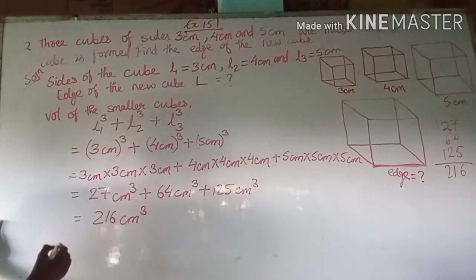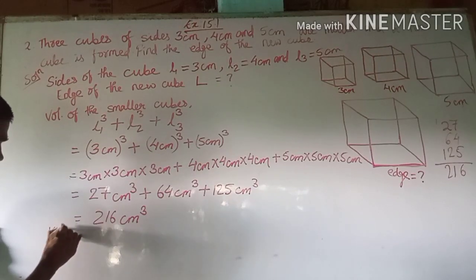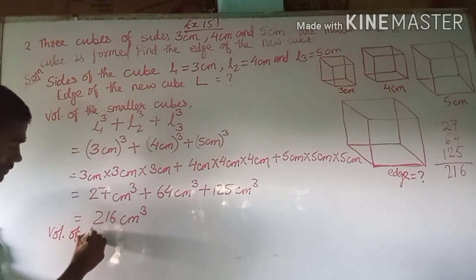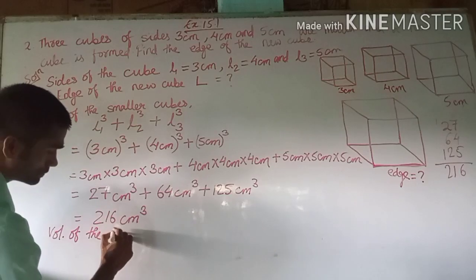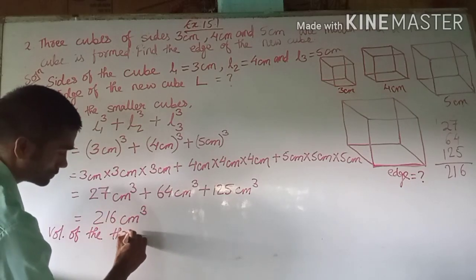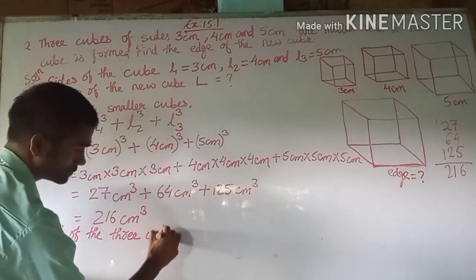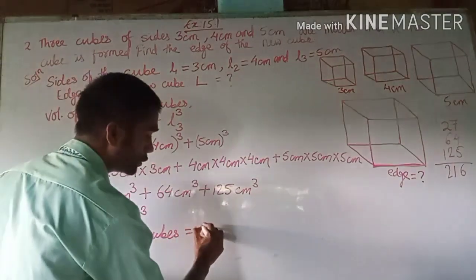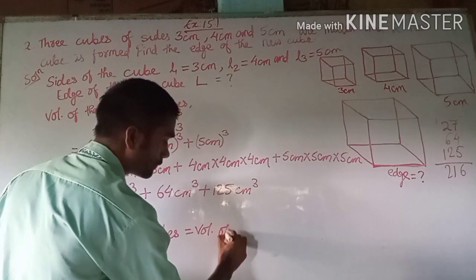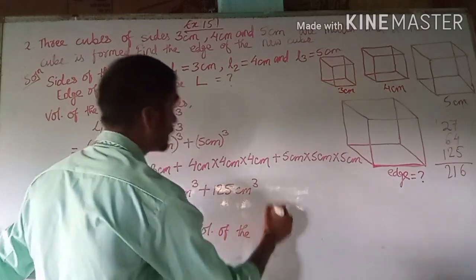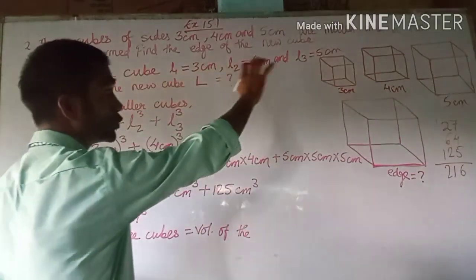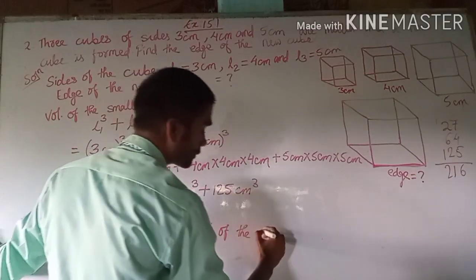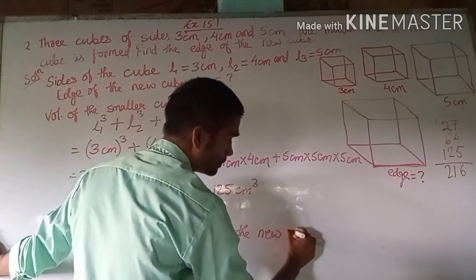So the volume of the 3 cubes is equal to the volume of the larger cube, or since it is mentioned as the new cube, the volume of the new cube.